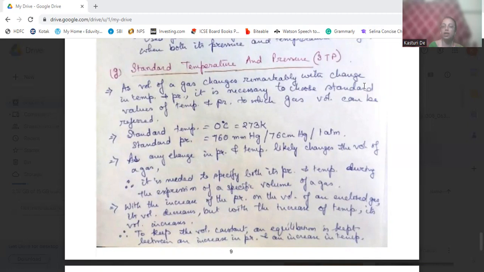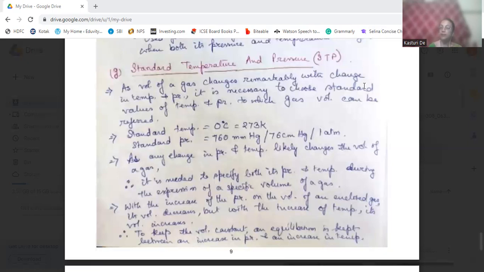With the increase in pressure on an enclosed gas, its volume decreases, but with the increase in temperature, volume increases. In an enclosed gas, there is a certain volume. When we increase the pressure on that volume, the volume will decrease.